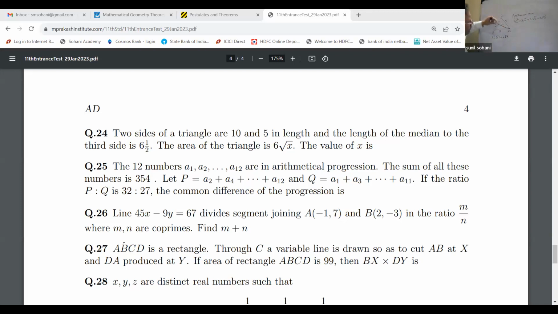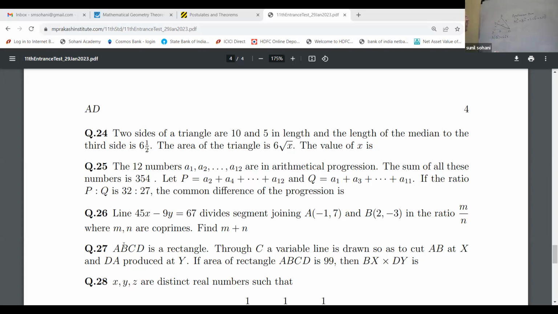Looking at the median, the other sides are AC square plus BC square on the left hand side. On the right hand side, take the double of CD square, and this AD square can be called BD square also. So 2 AD square.